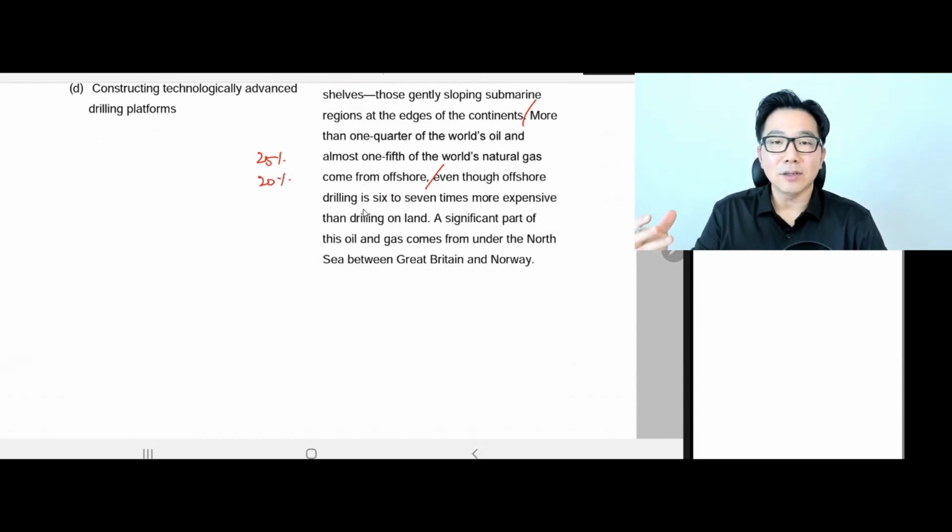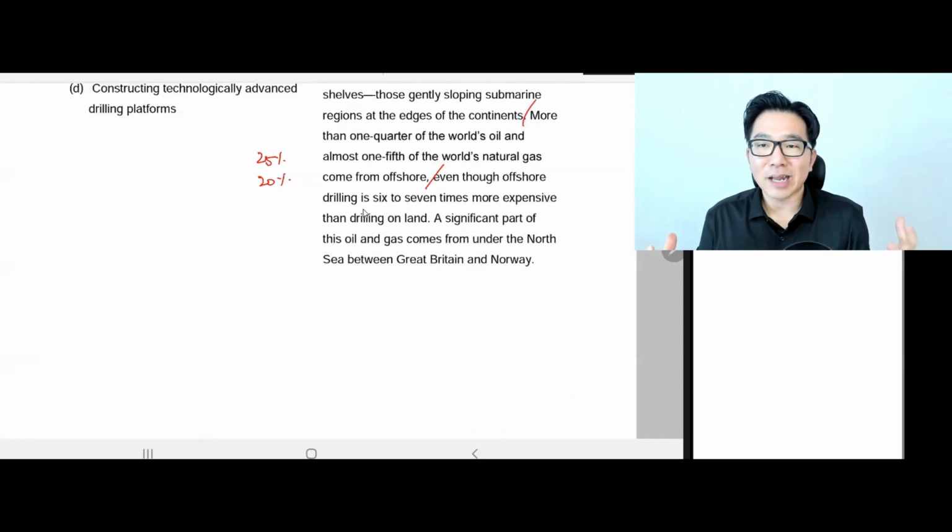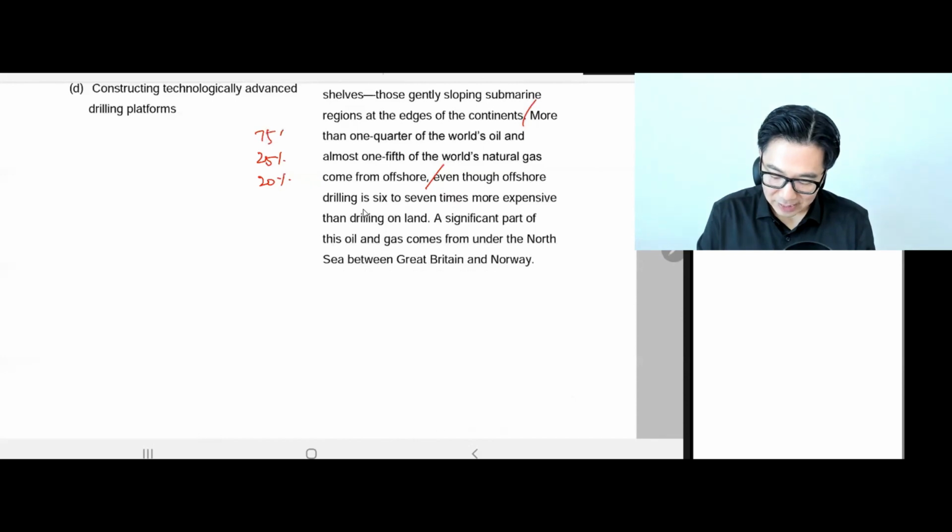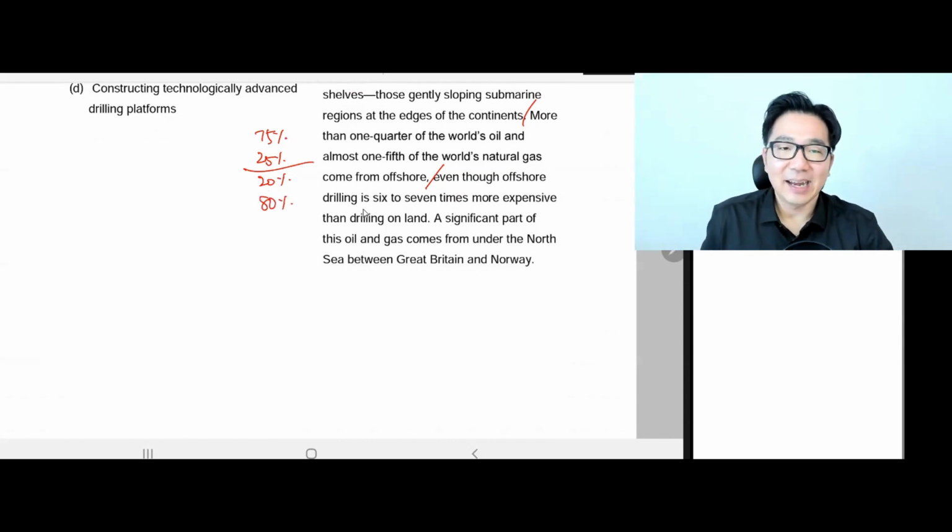What does that mean in reverse comprehension, what I call indirect comprehension, an inference question type? It means 75% of the oil comes from under the land, through the math, 100 minus 25. And 80% of natural gas comes from the land, I guess.